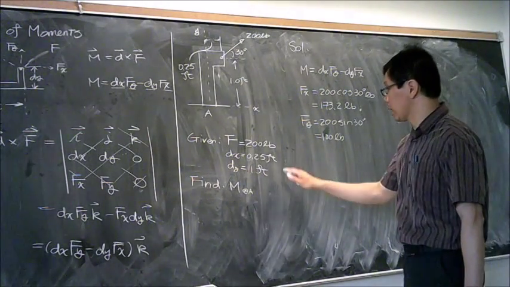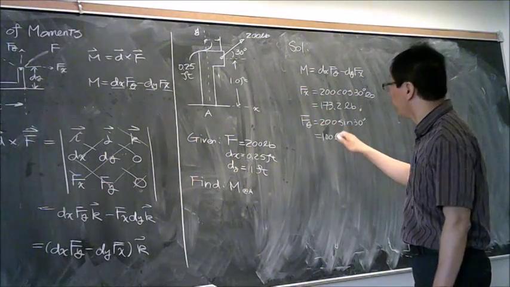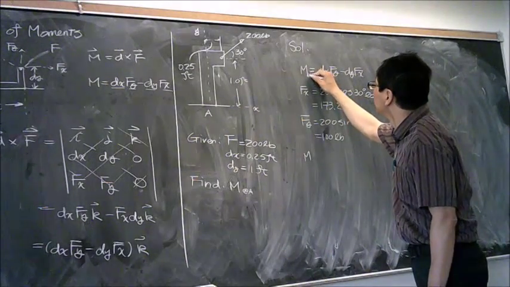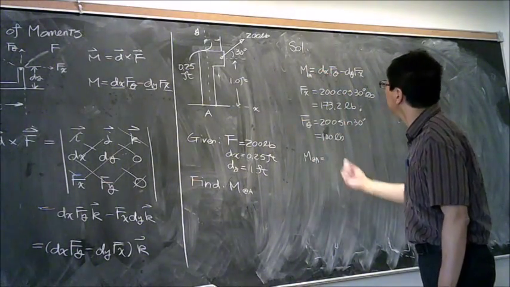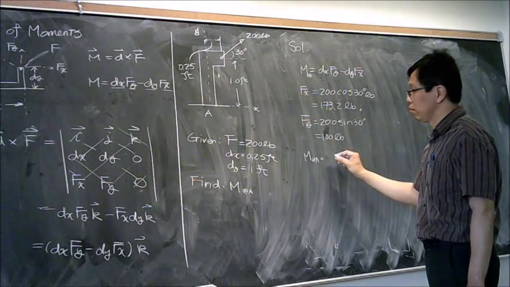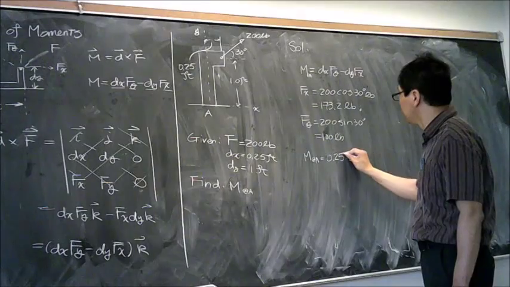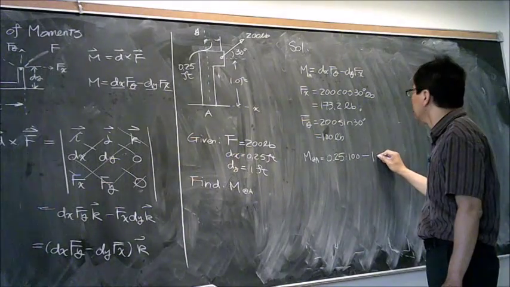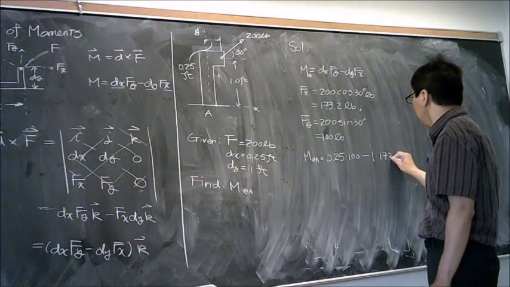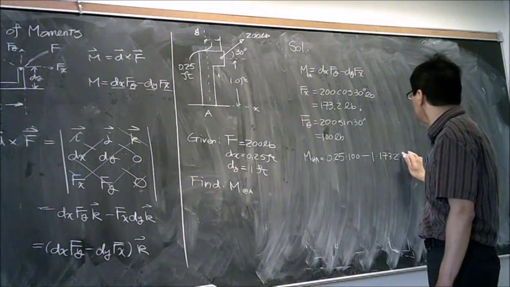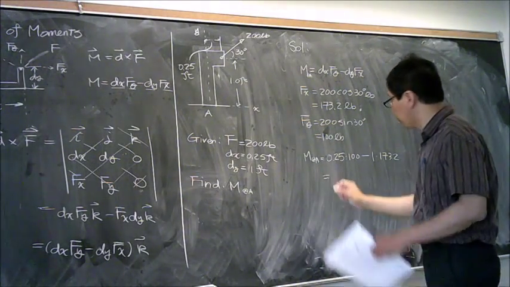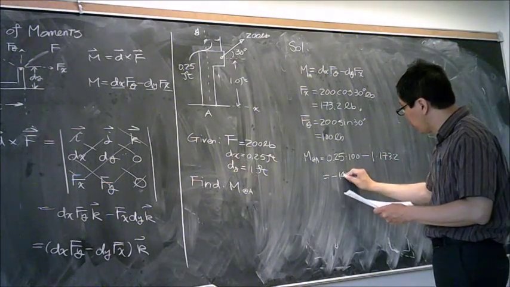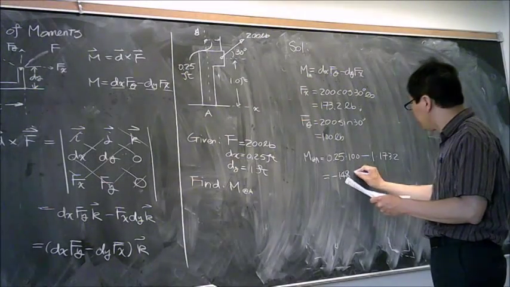So since we know dx, dy, fx, and fy, we can just apply these numbers into this equation, and we're going to get M at A equals 2.25 multiplied by 100 minus 1 multiplied by 173.2. So if you do that, you're going to find this is actually negative 148.2.